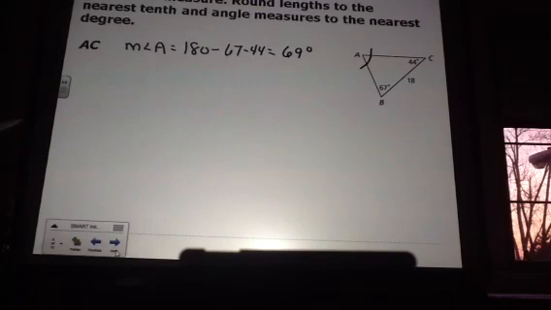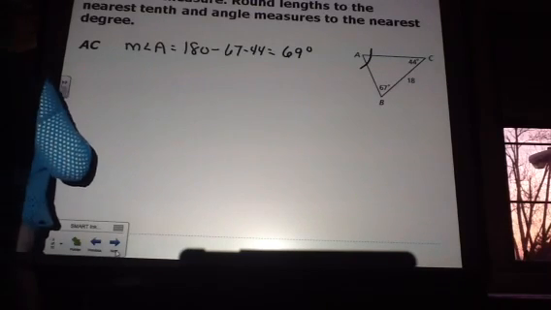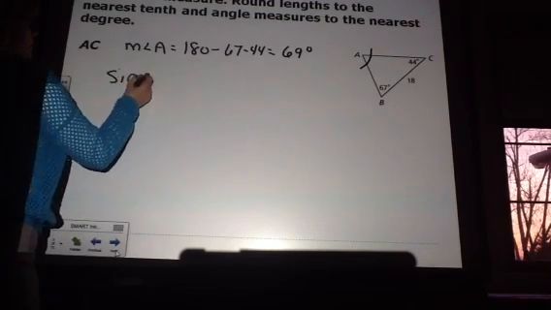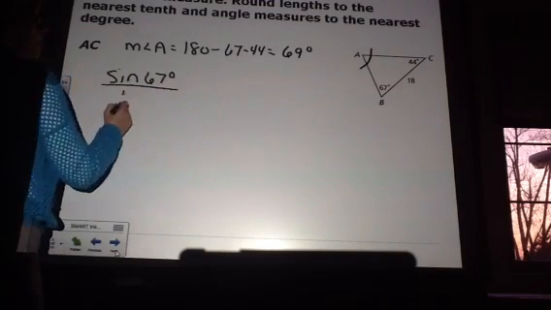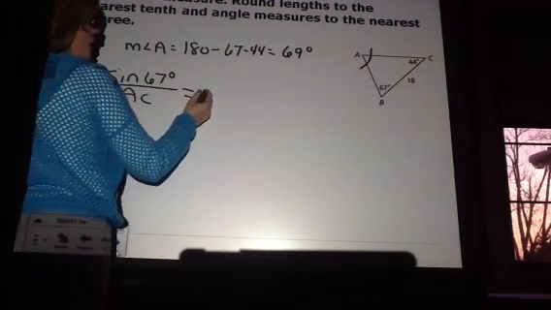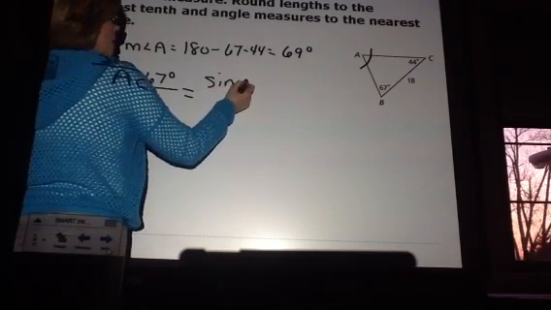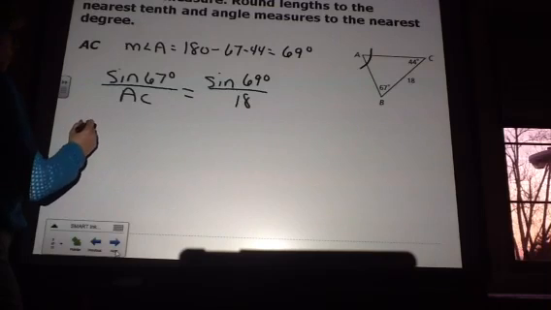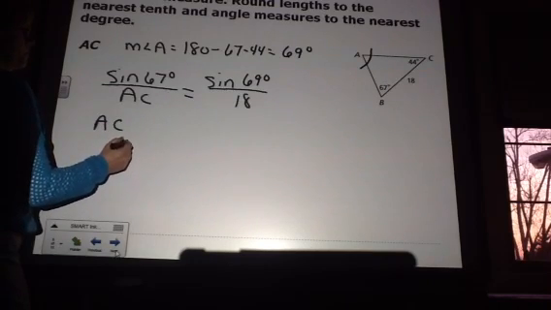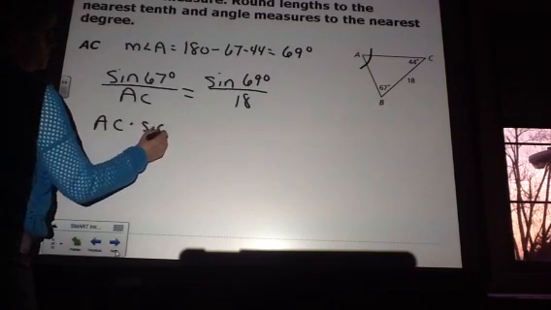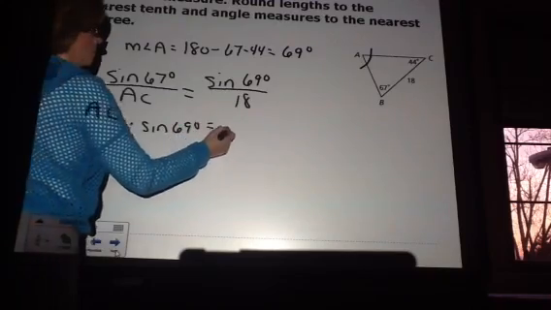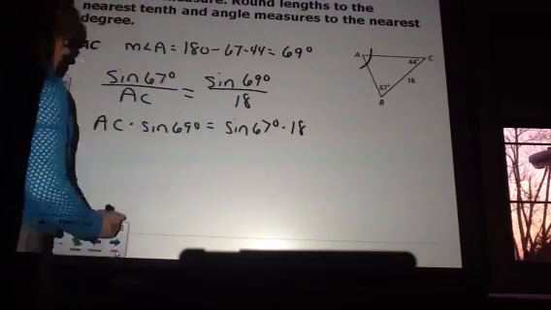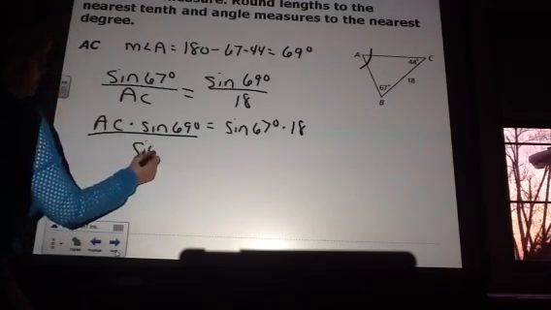So now that we have the measure of angle A, we can find segment AC. Take the sine of 67 degrees over AC, and put it equal to the sine of 69 degrees over 18. Do your cross product. Divide by the sine of 69 degrees.